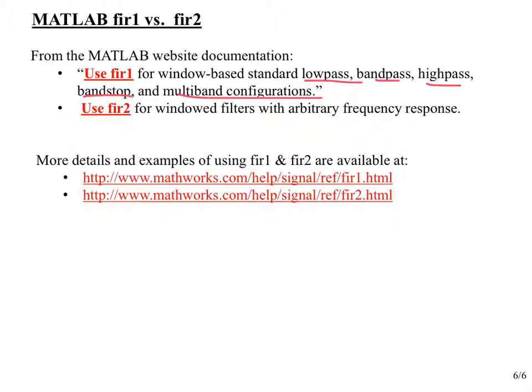If you want it to do something interesting or different in some band, that would be a good time to use FIR2. Although we'll see that the premier method that we'll talk about next can also be used for these kinds of arbitrary frequency responses. And I've given you some links here that give lots of details on how to use each of these two commands. So you can go check those things out.